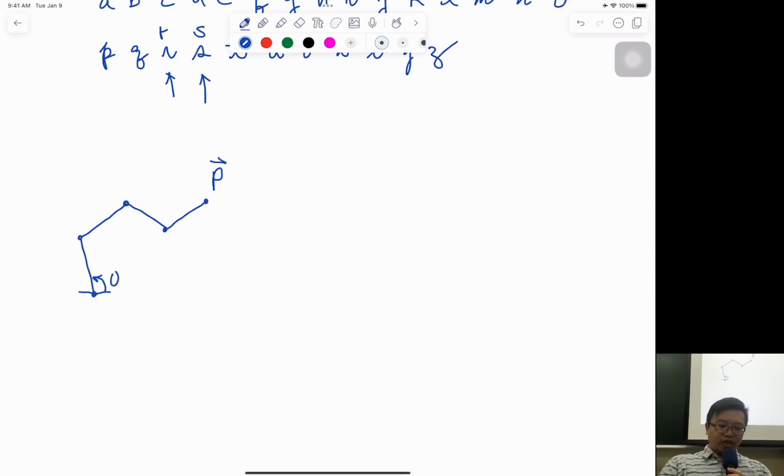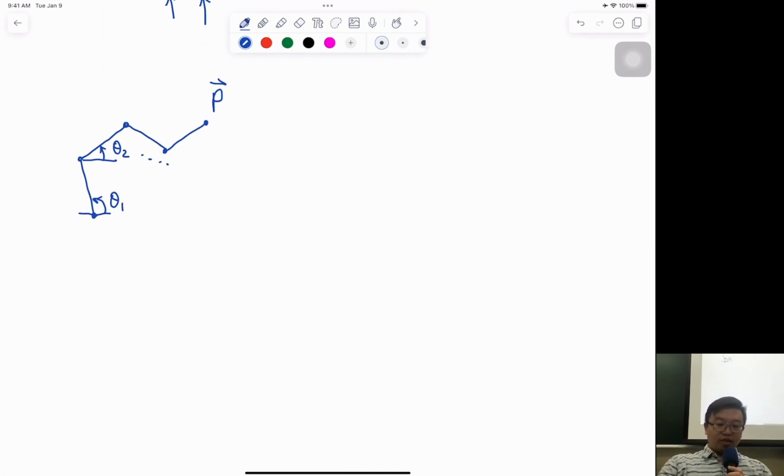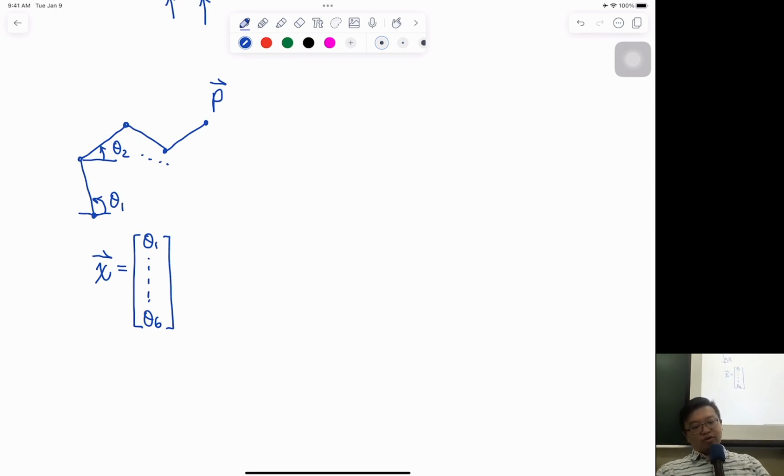For example, this is like a theta 1, maybe if we define things like this and so on. And we mostly work on a 6 degree of freedom robot. So in today's lecture, I'm going to use a vector x to keep all the angles. So these are my variables, just for today's lecture.